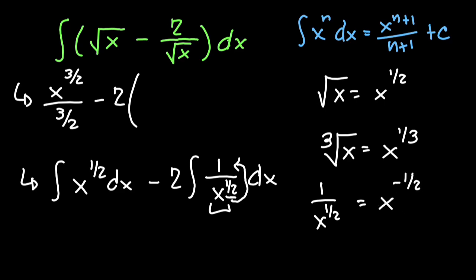So you can rewrite this as x to the power of negative 1/2 dx. And so, by taking this integration, x to the power of negative 1/2, negative 1/2 plus 1 would be equal to 1/2.